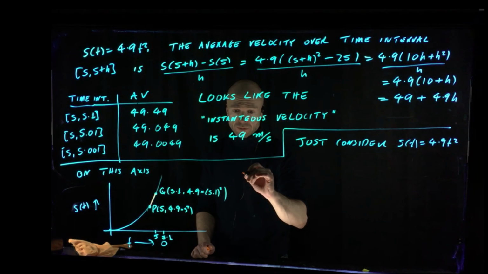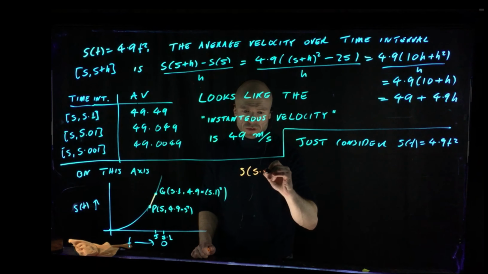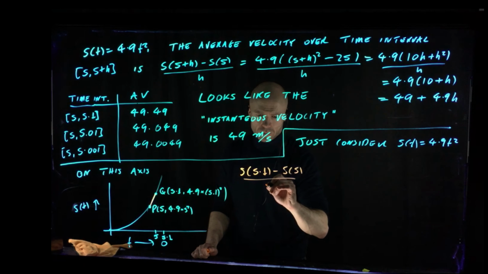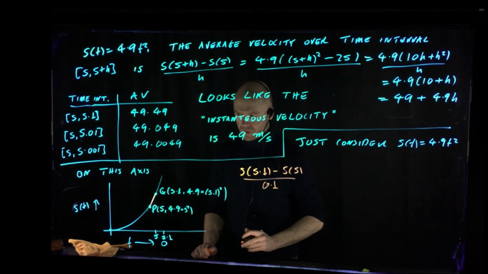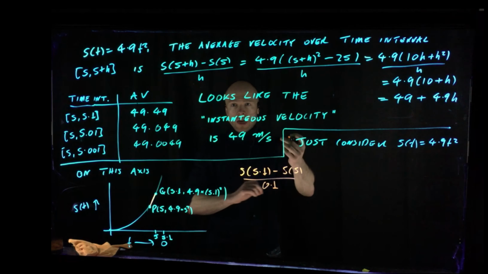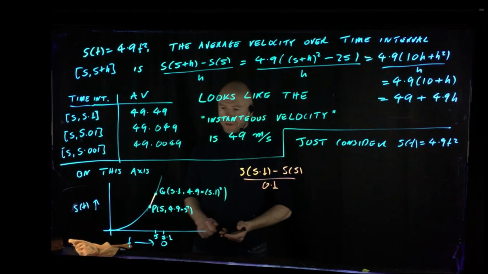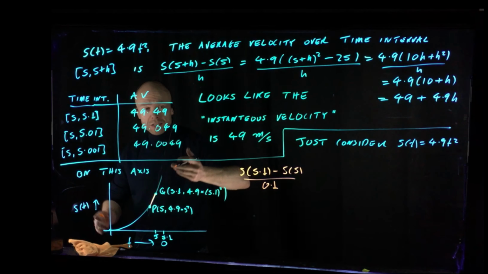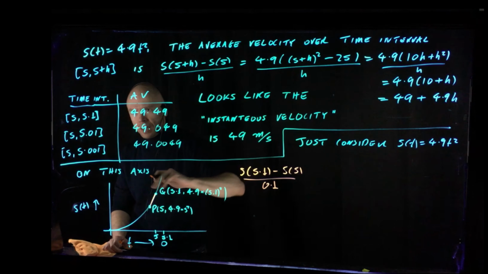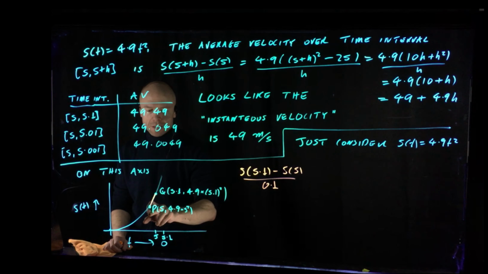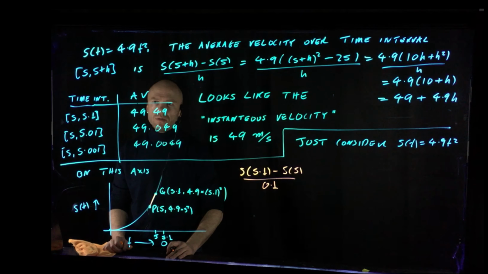So that's exactly s of 5.1 minus s of 5, which is the average velocity over the time interval 5 to 5.1. So we see that what we're actually doing in this procedure is finding the slope of the graph of the function at this particular point given by time equal to 5.